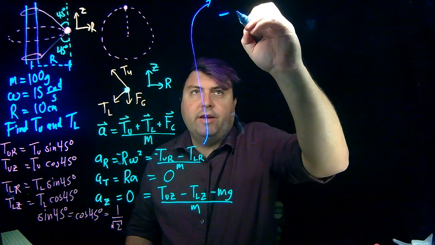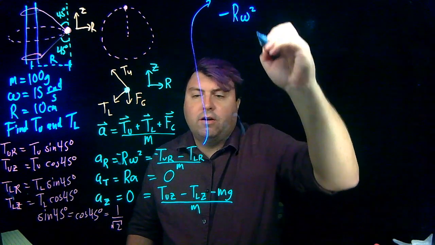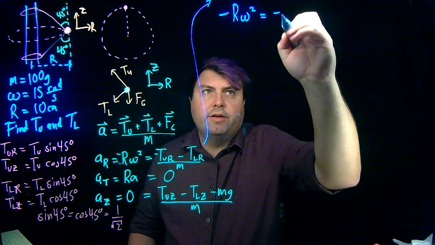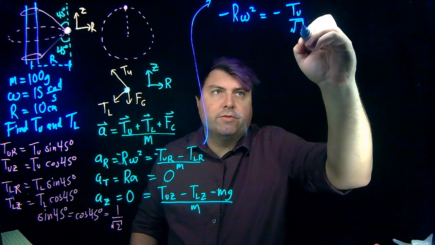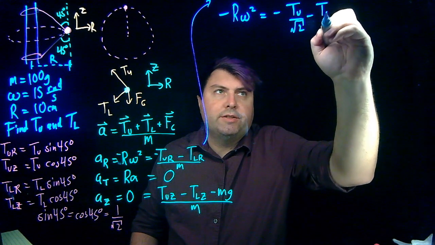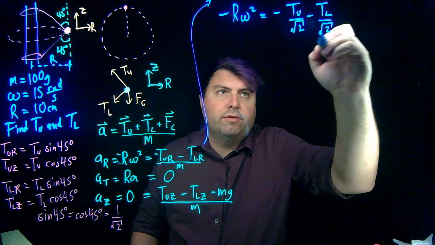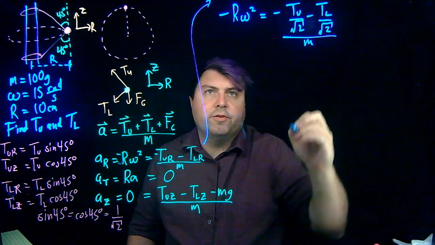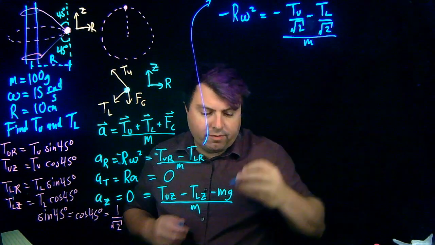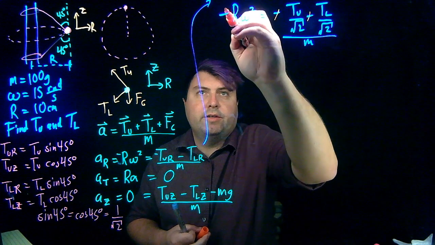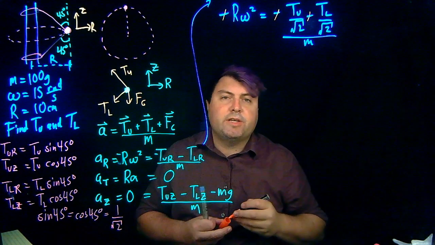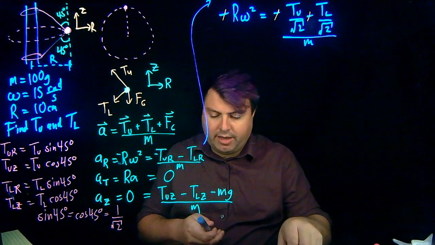So we can better understand these by writing them out a little nicer. We have negative r omega squared is equal to negative TU over square root of 2 minus TL over square root of 2, all over the mass. We can first cancel the minus signs, and then multiply both sides by square root of 2 and m.